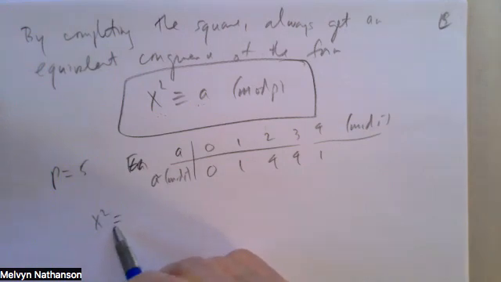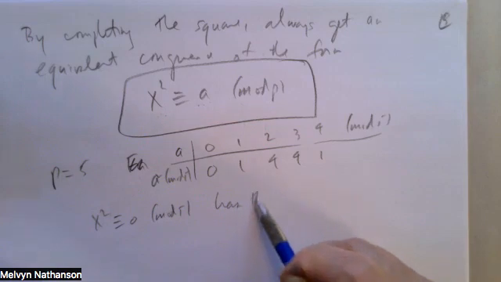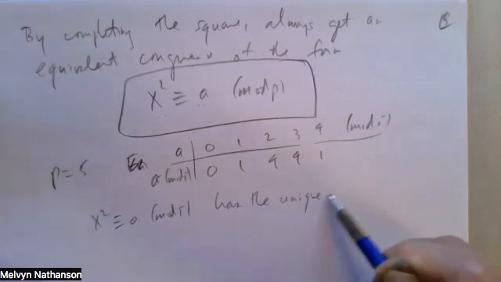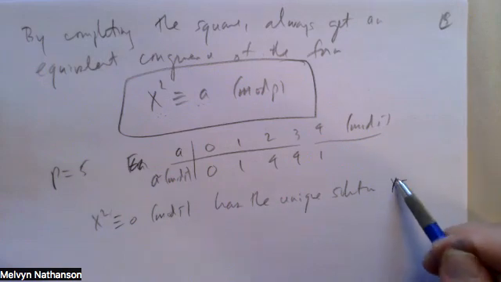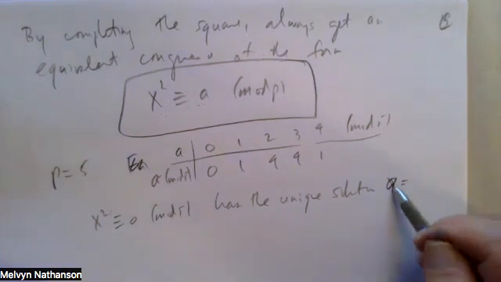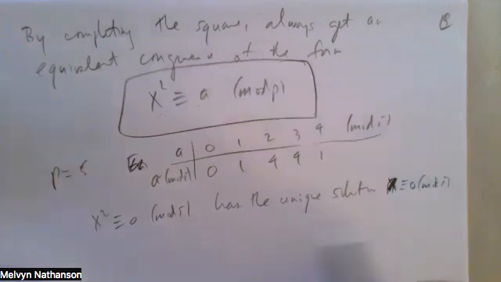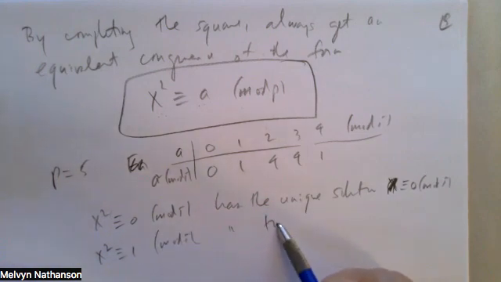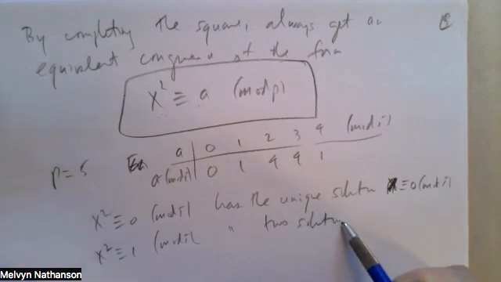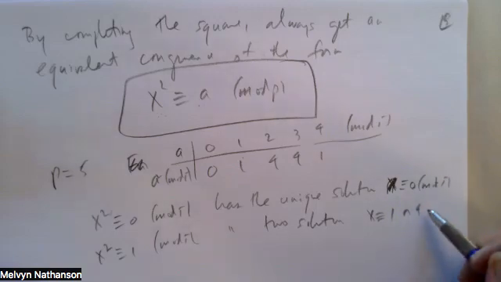So x squared congruent to 0 mod 5 has the unique solution x congruent to 0 mod 5. X squared congruent to 1 mod 5 has two solutions, x congruent to 1 or 4 mod 5.